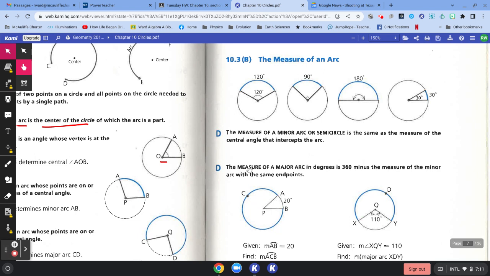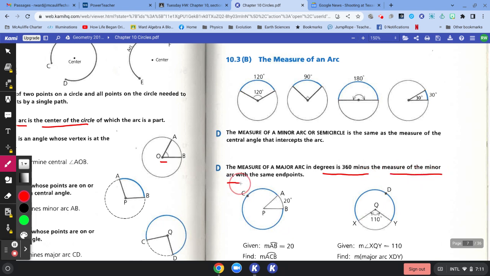The measure of the major arc is going to be, since it is more than 180 degrees, 360 degrees in a circle minus the measure of the minor arc. So the major arc is 360 minus the measure of the minor arc right there.